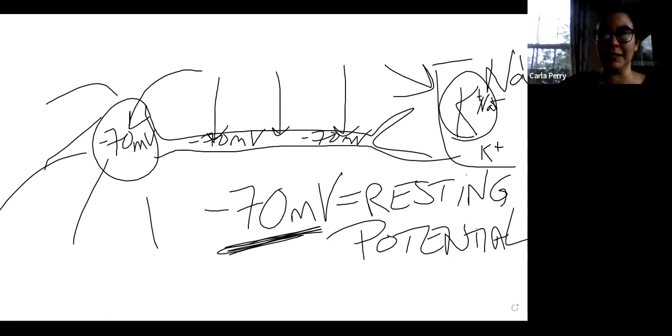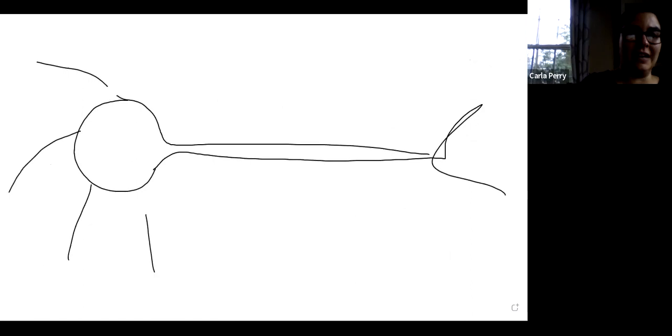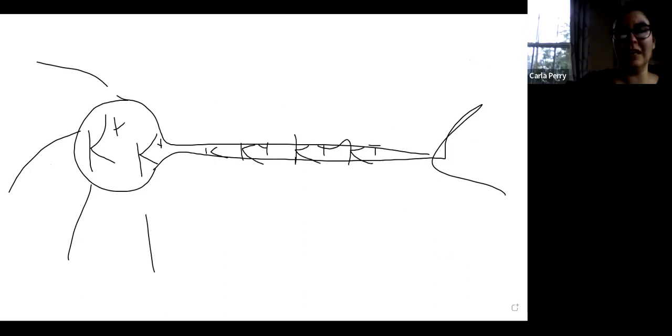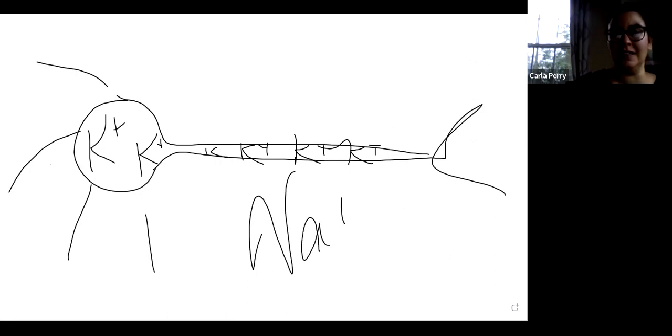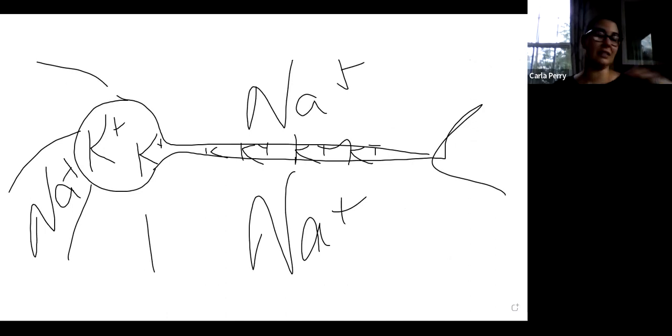So let me clear this. If we were to look at the inside of the cell, it has a lot of potassium on the inside, and a ton of sodium on the outside. Nothing new. It's still the ion distribution. It doesn't matter that the shape is different of the neuron versus a cuboidal cell versus a circular cell. The ion distribution is the same.